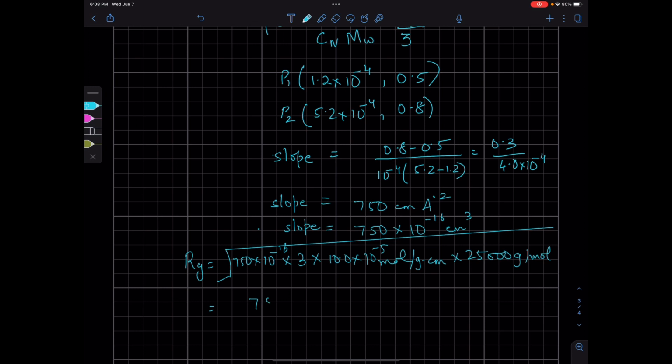Which is 75 times 10 to the negative 8 centimeters, or 75 angstrom.